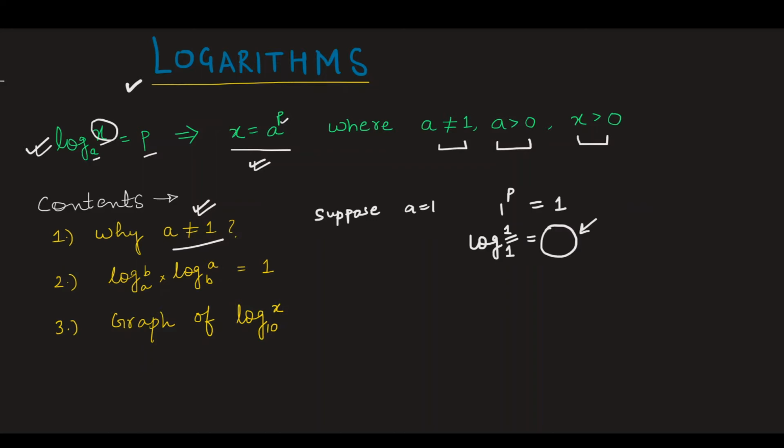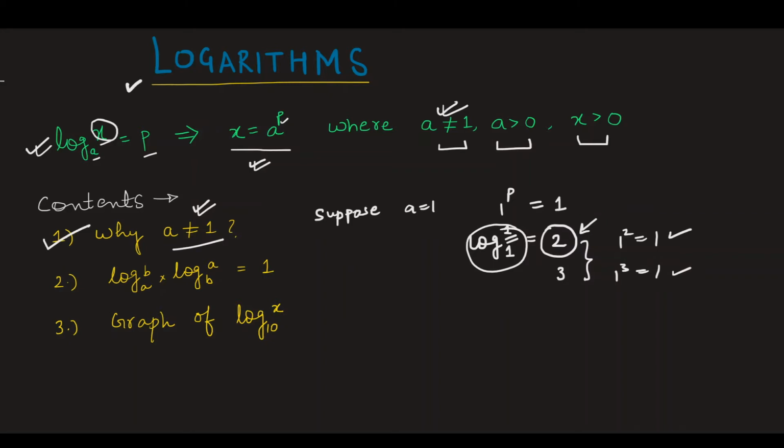Suppose we take 2, so 1 squared is equal to 1, that is true. If we take 3, so 1 cubed is equal to 1, that is also true. Hence, to avoid these multiple solutions for a single thing, we are saying that a should not be equal to 1. So the first is done.